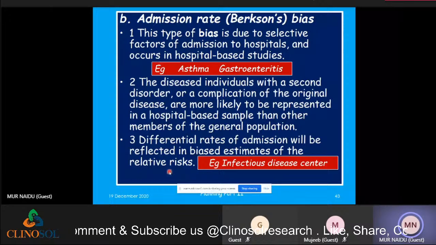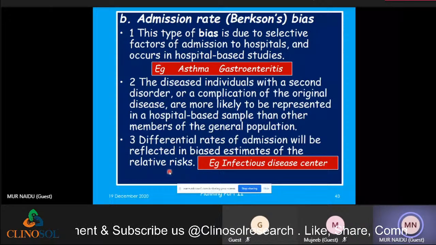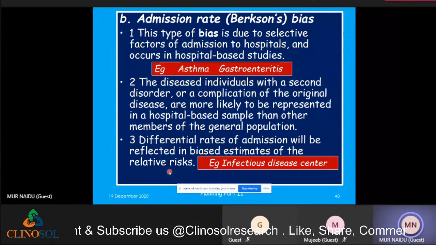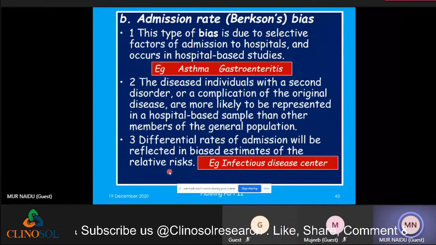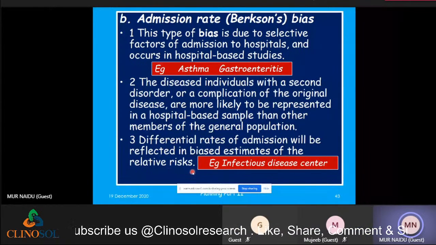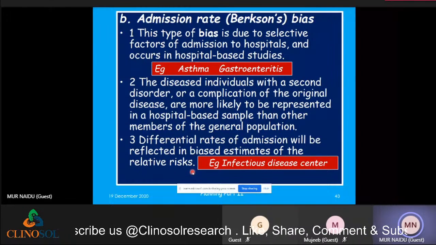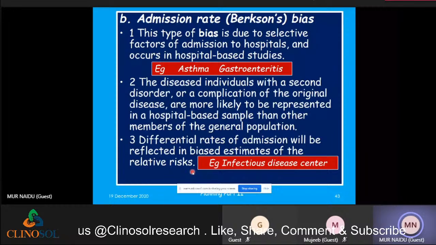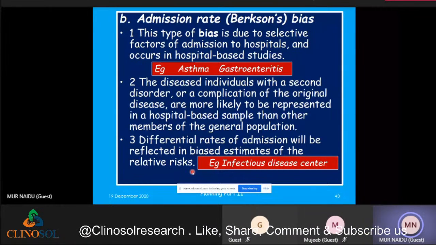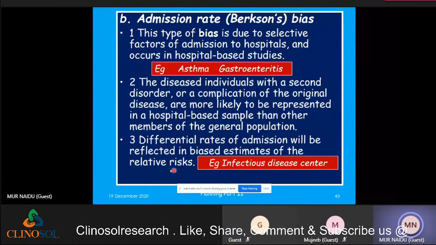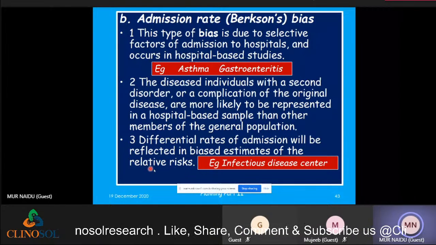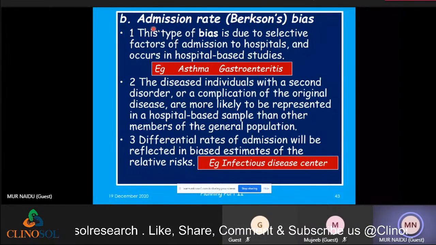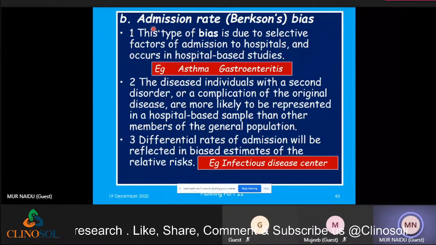Very good example: a center which is treating coronavirus, and I want to do a study in diabetes mellitus, and I ask them to come to the center where I'm also treating coronavirus, people will not come. So if there is a relative risk, the individual will not come. This is another way that the admission rate will come down. People will not come to the place where there is a high risk of developing some complication.